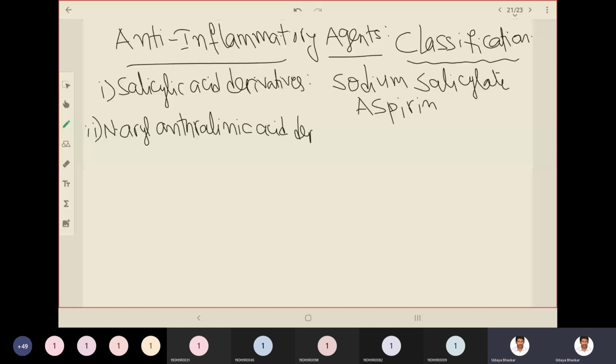So the examples are mefenamic acid and meclofenamate.